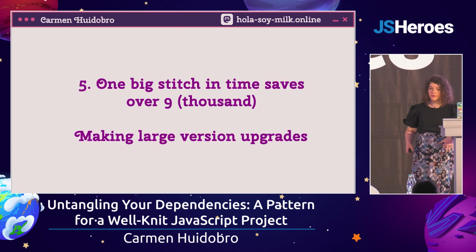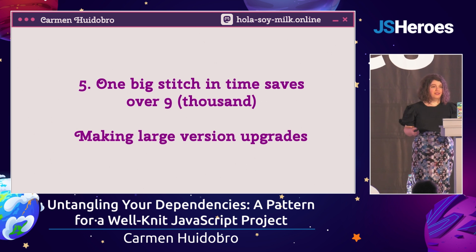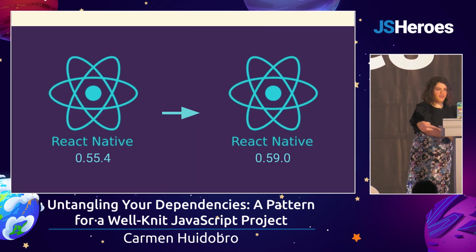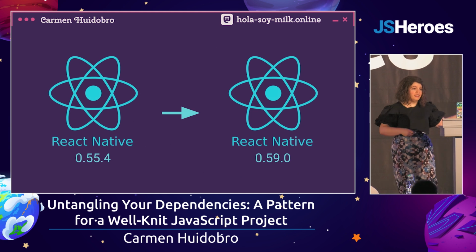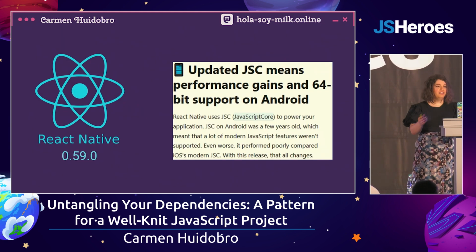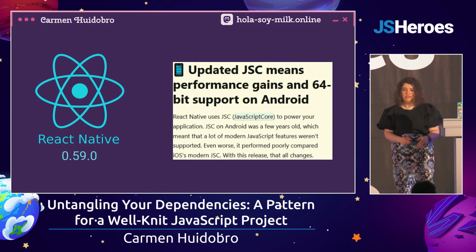Couple more lessons learned. When making a dependency upgrade, it's sometimes important to think, do I just go from 55, in the case of React Native, for example, to 59 because it's a big leap for how it compiles something Java, Android? I'm not sure I get it, to be honest.